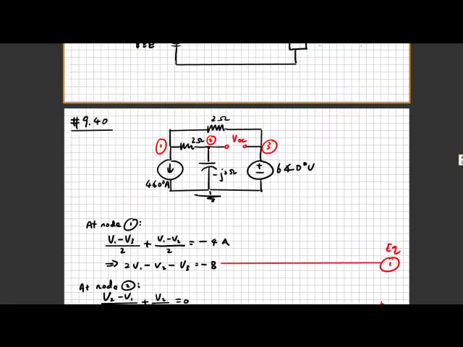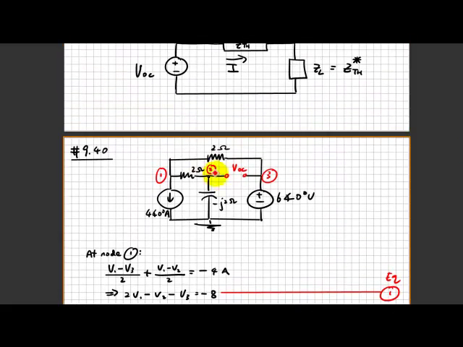At node 1, you can easily write V1. V1 minus V3 divided by 2 gives this term. The second term is V1 minus V2 divided by the resistor across it, which is 2 ohms.